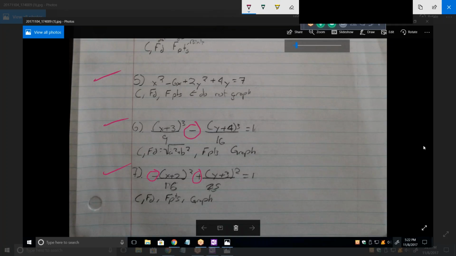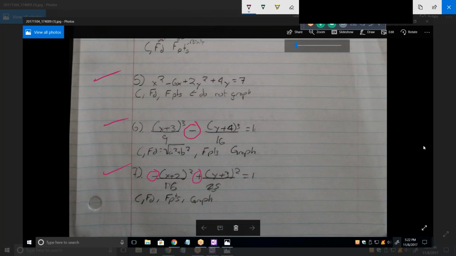Okay? Let's get back to 5, because 5 is given to you as a standard polynomial. It's not given to you in standard conic section form. So we have to put it in standard form in order to be able to graph it. Why does it say do not graph?